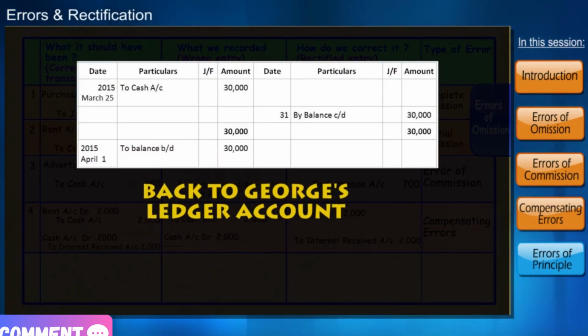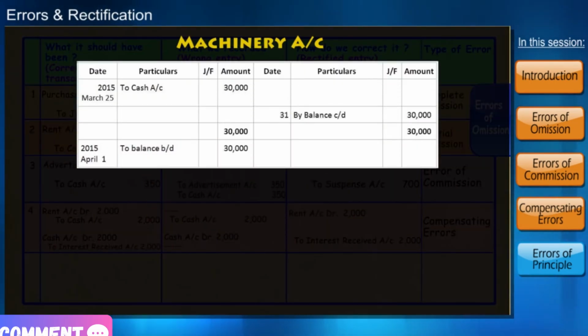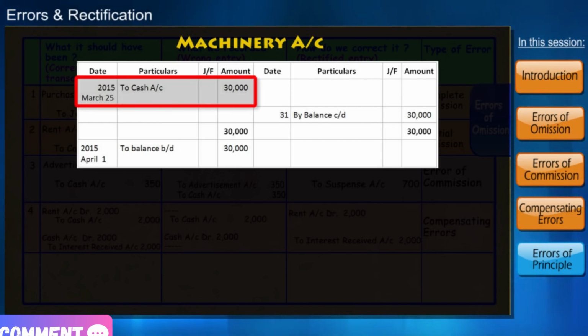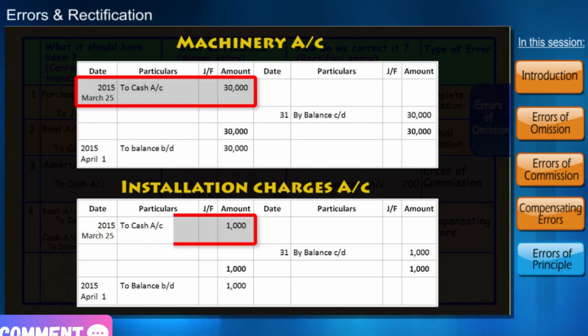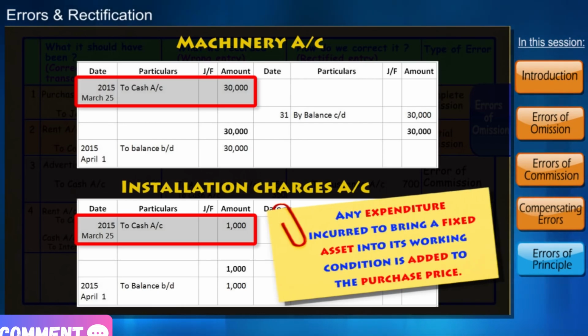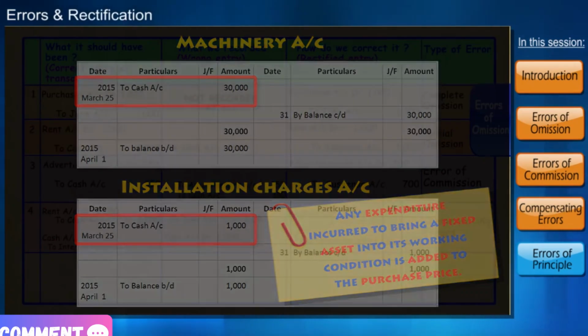here in this machinery account, we can see that purchase of machinery is recorded at 30,000, whereas there is another account for expense on machinery installation. As we know, installation charges or any expenses to bring the machinery to working condition must be included in purchase of machinery account itself.